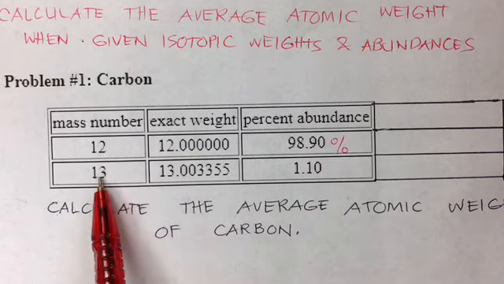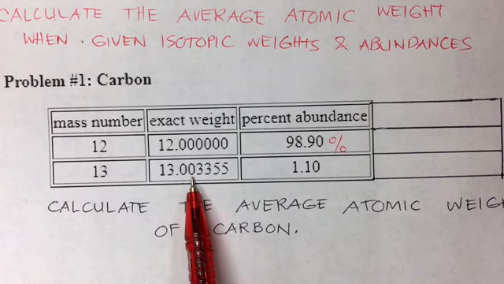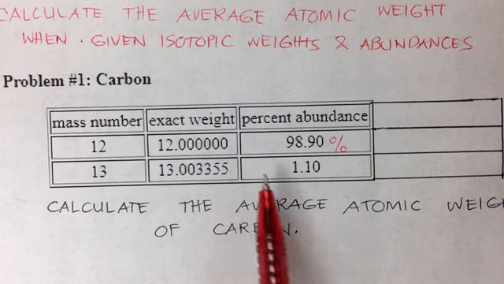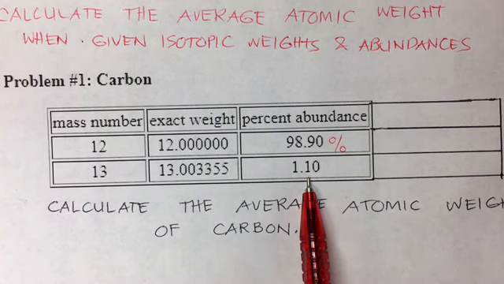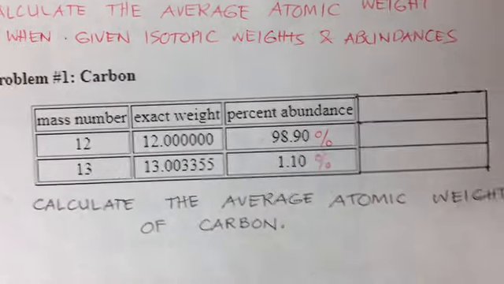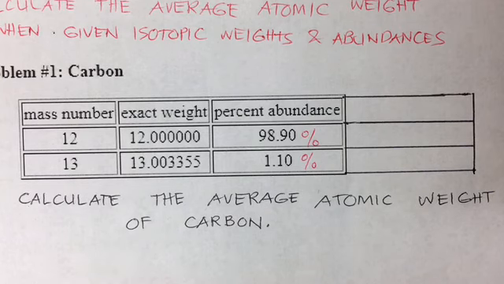On the other hand, carbon 13 has 7 neutrons and 6 protons. That's why it's 13. The exact weight of the isotope of carbon 13 is this value here that you see, and the percent abundance is just 1.10%.